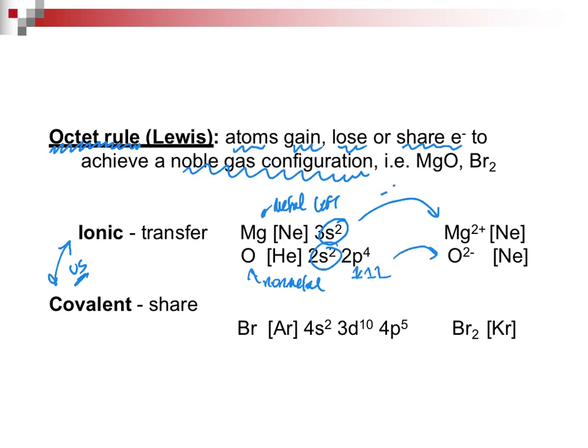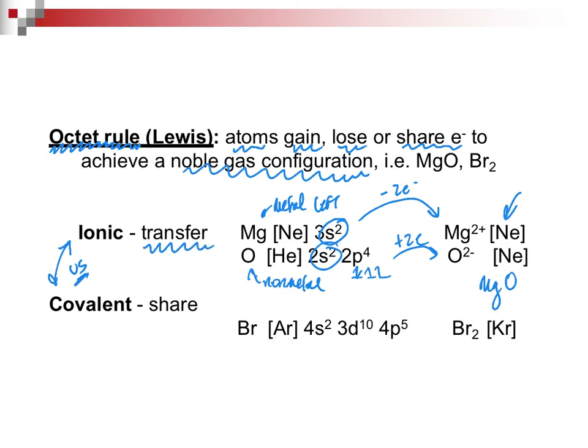So this is minus 2 electrons, this is plus 2 electrons. We get the noble gas, and that's where we get our ionic material, magnesium oxide. So again, you memorized it back in chapter 2. Now you can understand where it comes from as we're moving forward. So that's all about ionic. That is truly the transfer of electrons.